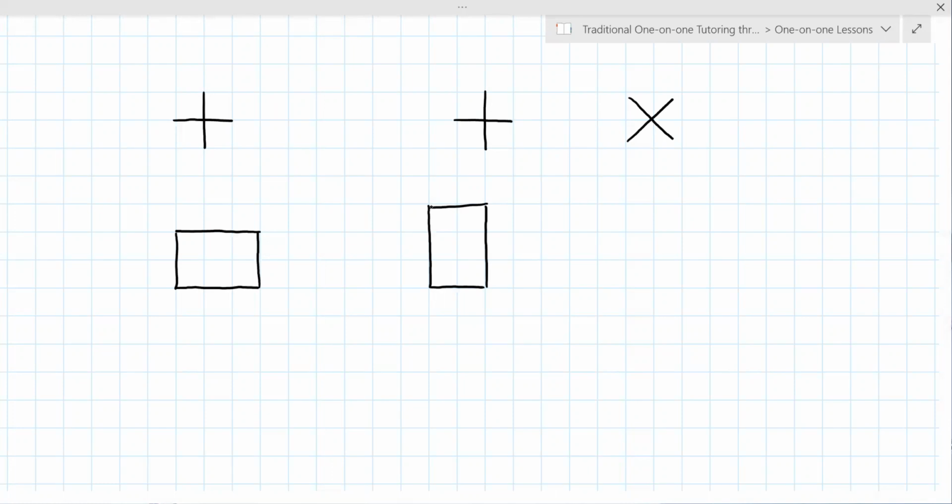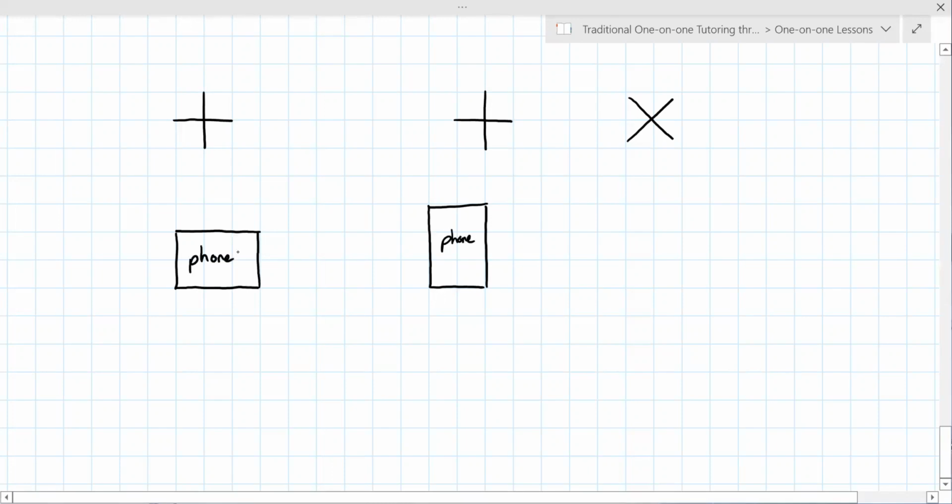Okay. So think of this on the right here as your phone. And you're just holding your phone. If you rotate your phone, is it now a different phone? Like you imagine you're holding it.